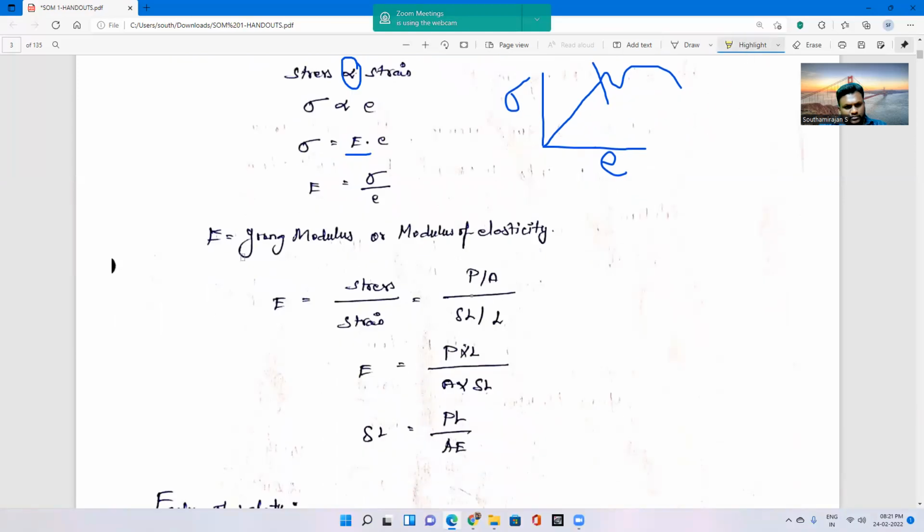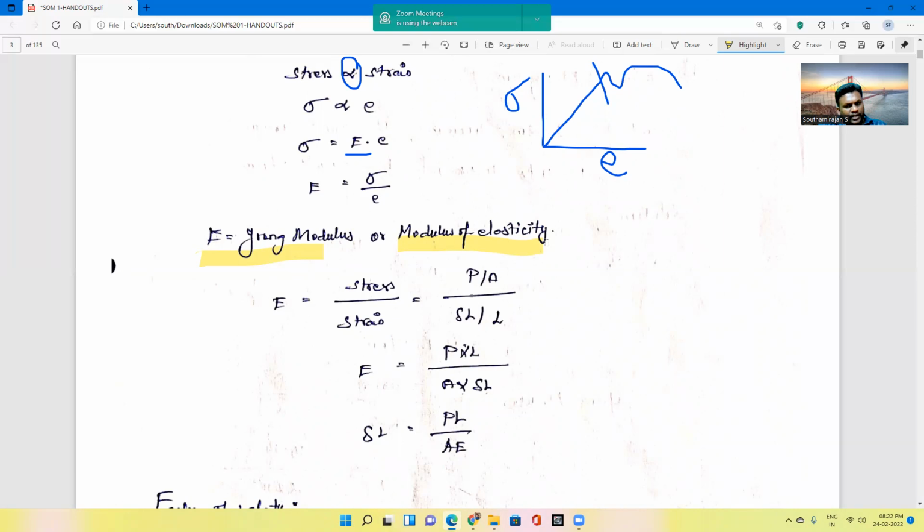With the help of this, we know that Young's modulus equals stress by strain, and it is indicated by the symbol capital E. It has another name, modulus of elasticity. So E has two names: one is Young's modulus and another is modulus of elasticity.